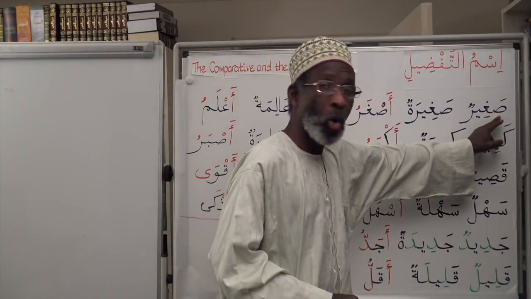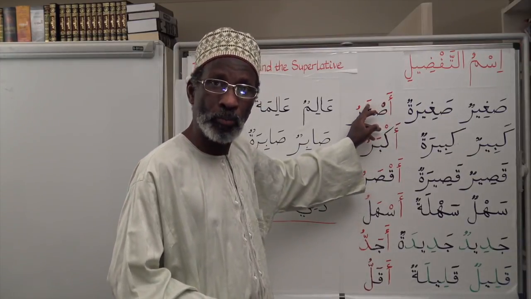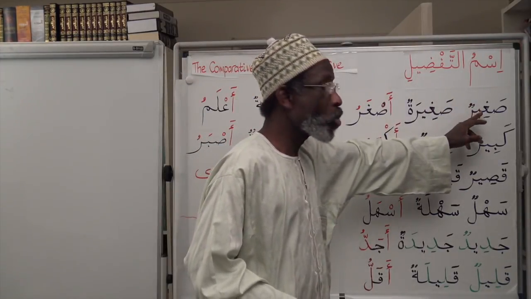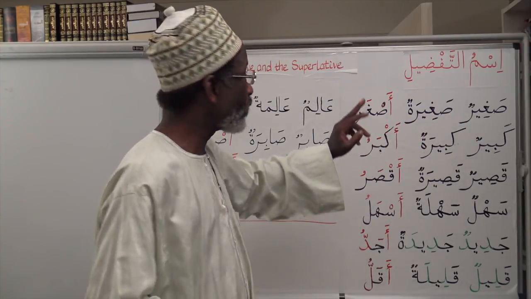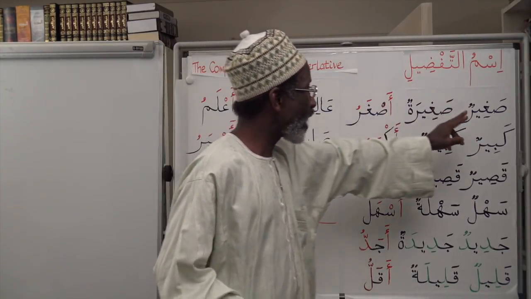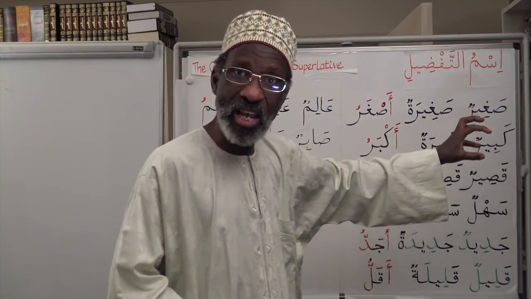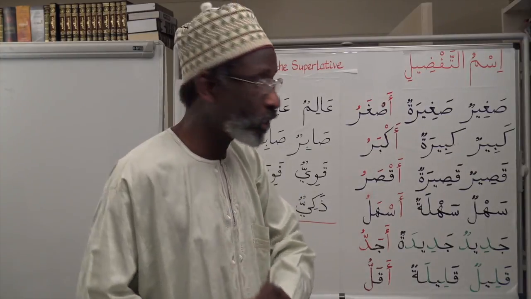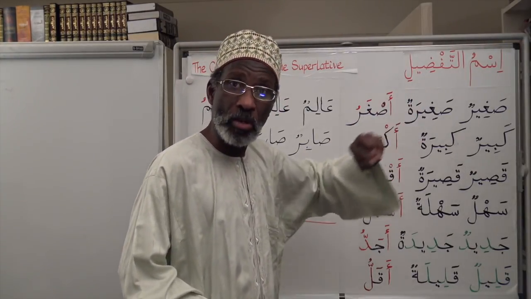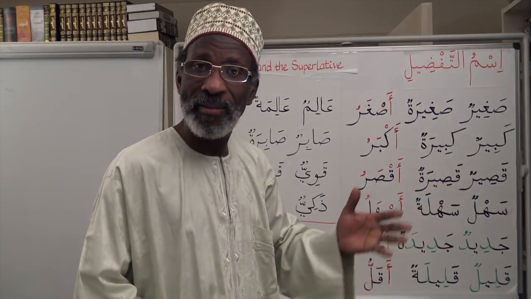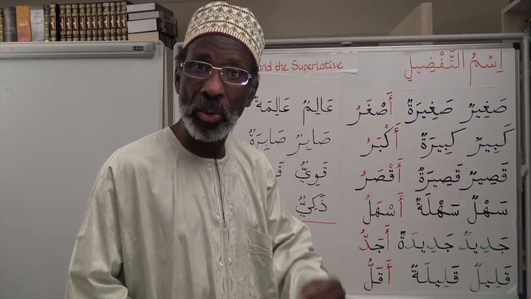The first root letter is now carrying sukoon, and the second root letter, which had kasra, is now carrying fatha. We have deleted the ya. The lengthening ya has been removed. Also, in the feminine, you remove the ta marbuta, because the elative pattern is gender neutral.